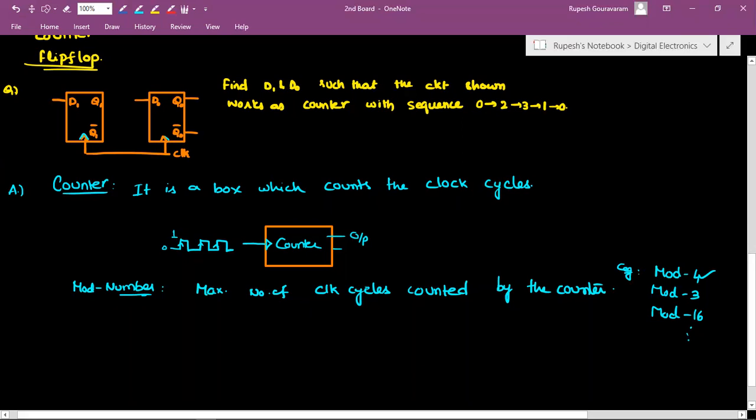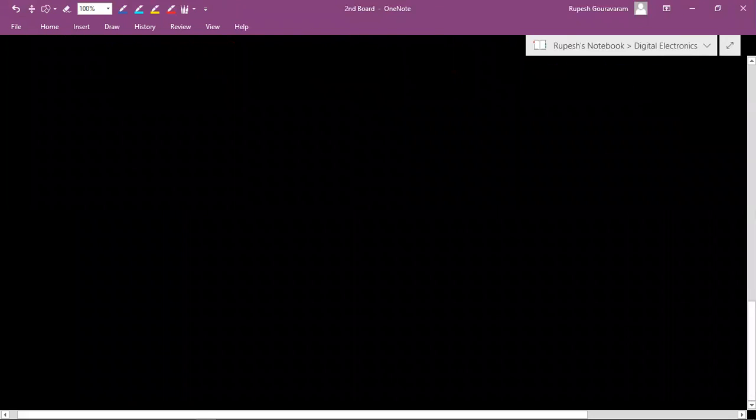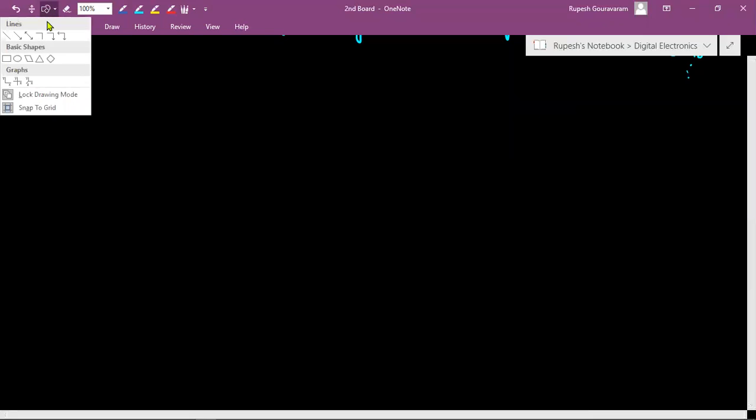Now let us learn about the flip-flop. We have various kinds of flip-flop. For example, the D flip-flop, JK flip-flop, RS flip-flop, SR flip-flop, then T flip-flop. All these are there. We will see one by one. So we consider a D flip-flop.